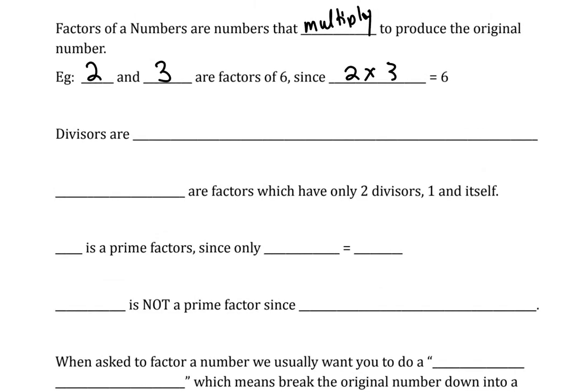Another interesting piece of vocabulary is divisors. Divisors are numbers that divide other numbers evenly, or without remainder.